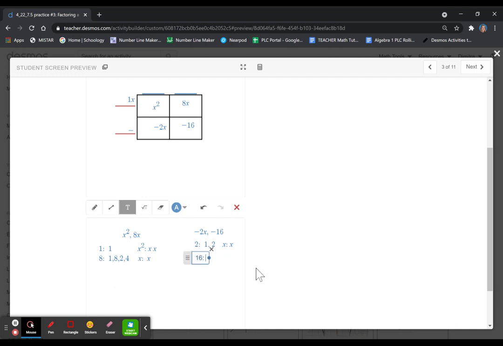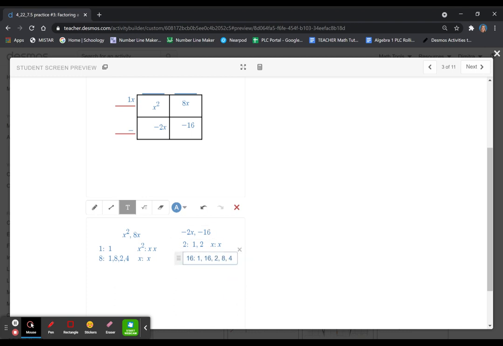Okay, so we're going to have 1 times 16, 2 times 8, and 4 times 4. So let me move these over a little bit so we can have room so they can all be on 1. Okay, and this one doesn't have an x.